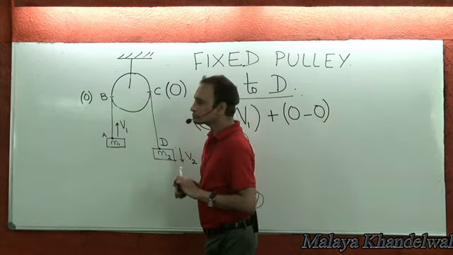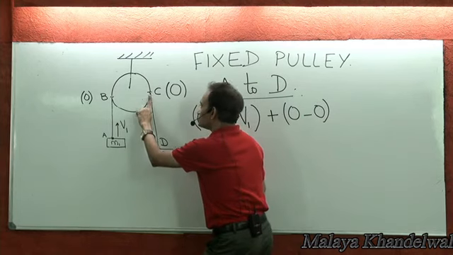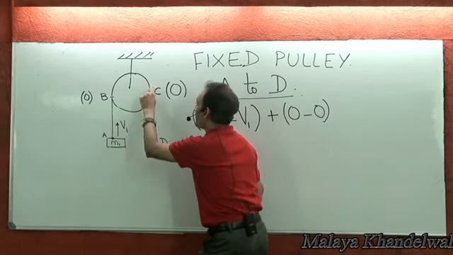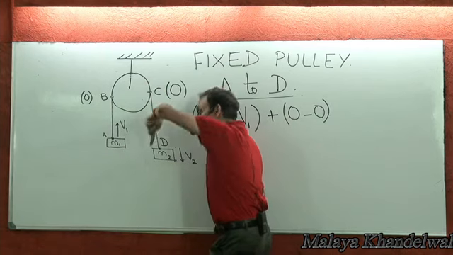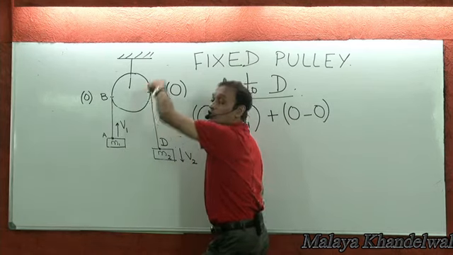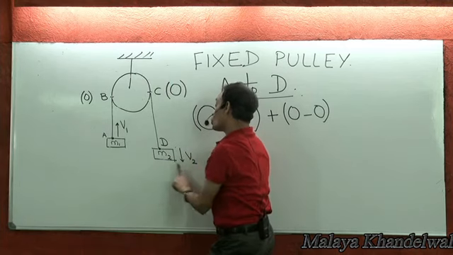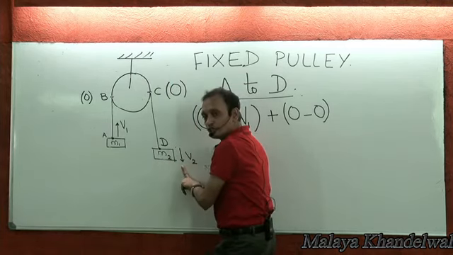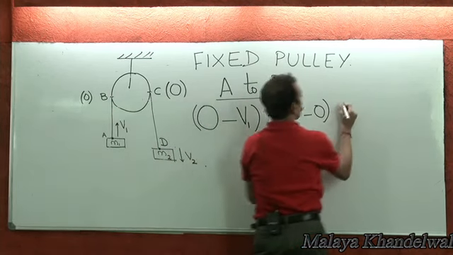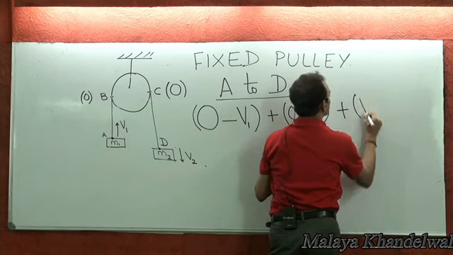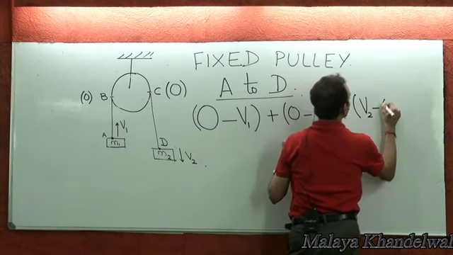Now, look at this segment of the string. Then I go from C to D. This is my direction of traversal. So velocity of D in this direction minus velocity of C in this direction. What's the velocity of D in this direction? V2. What's the velocity of C in this direction? 0. So plus V2 minus 0.